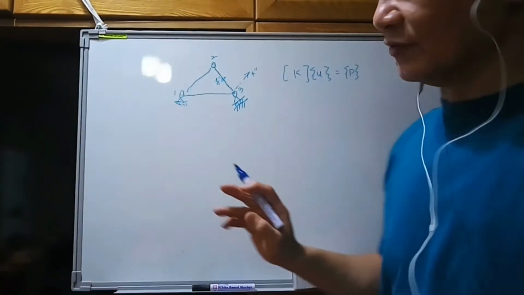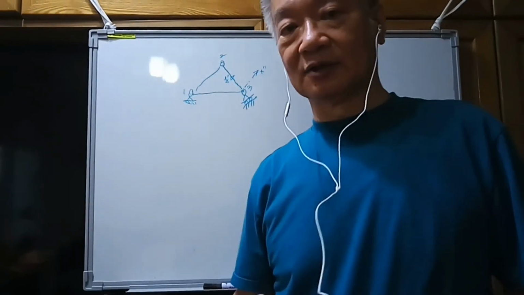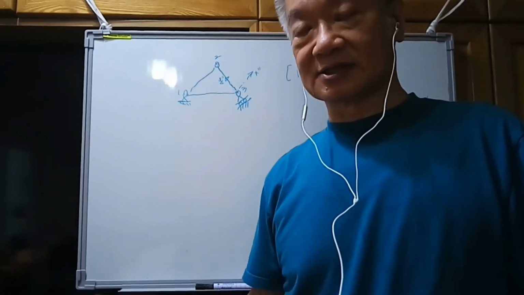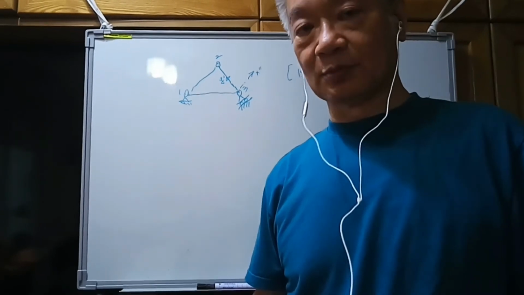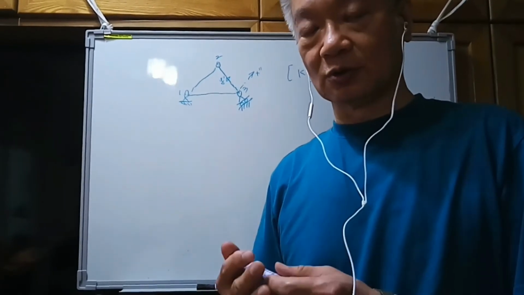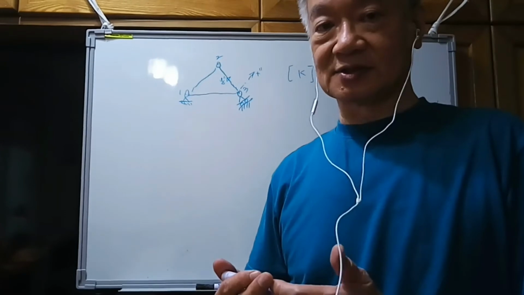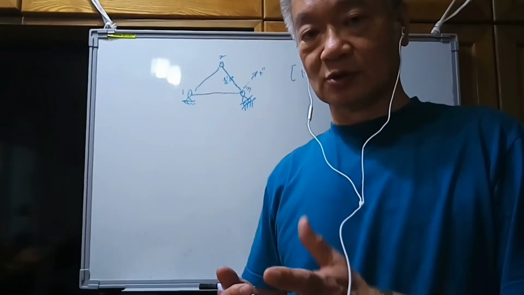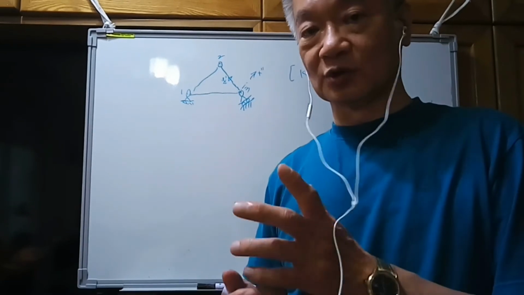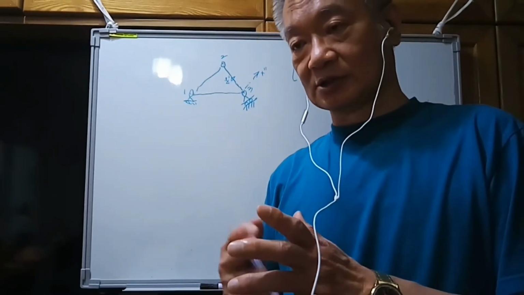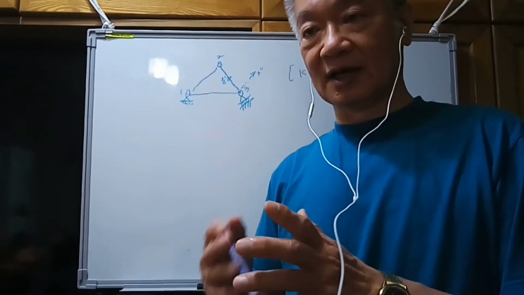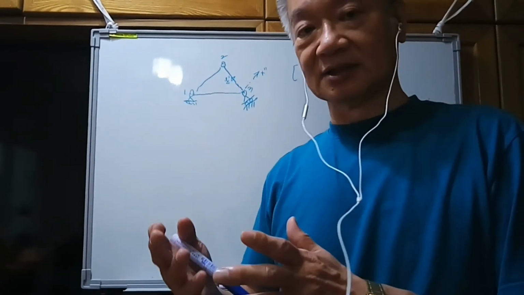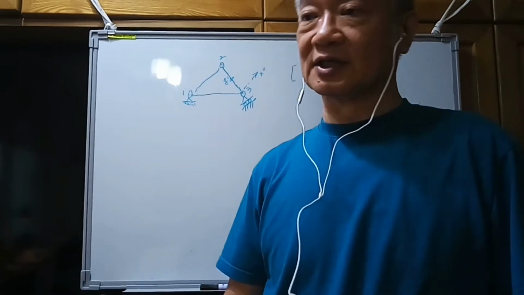Okay, even I added the double prime, the X double prime and the Y double prime, they are also the local coordinate system, since the global coordinate system is always only one. As long as I use the X and the Y, it always means that they are the global coordinate system.